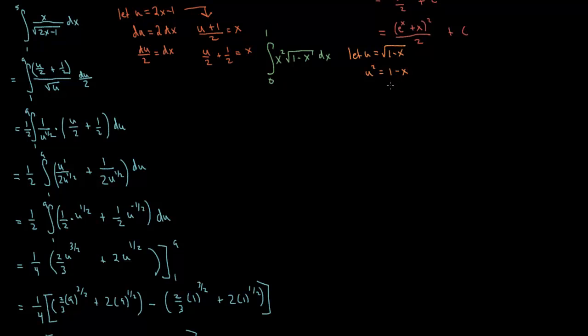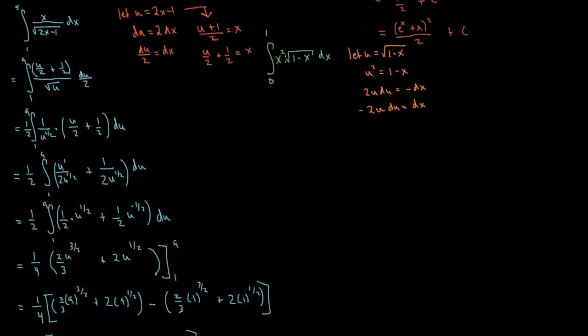Then 2u du equals negative dx. Sorry, I'm trying to solve this for dx. Negative 2u du equals dx. Okay, so that's good for us.